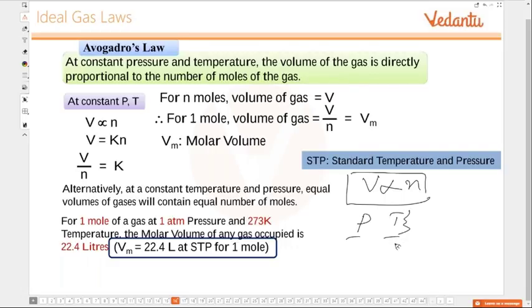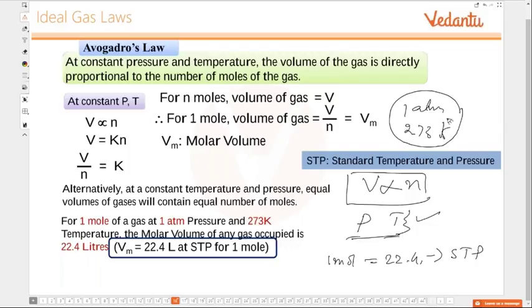That is how we defined molar volume, the standard volume of a gas. 1 mole of any gas would occupy a volume of 22.4 liters at STP, correct? At STP, temperature and pressure are constant: 1 atmospheric pressure and temperature is 273 Kelvin. When you keep these two constant, the other two must be proportional to each other. That is what this law is.